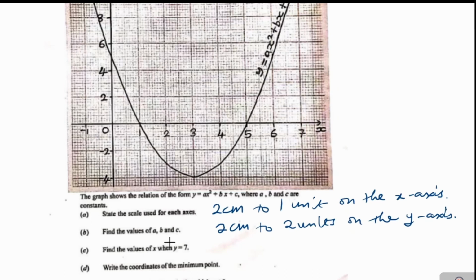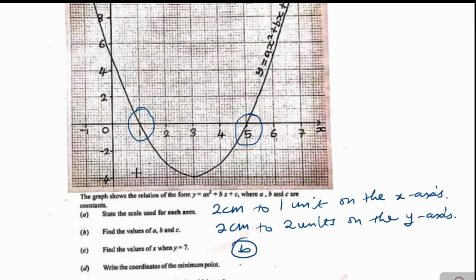Find the values of a, b, and c. There are a number of ways by which we can do this, but one of them will be to use the roots. And the roots of these relations are the x-intercepts of the graph, and those are 1 and 5.